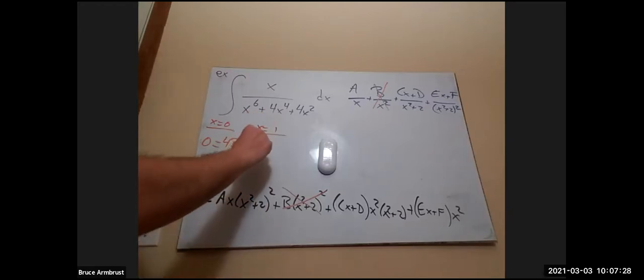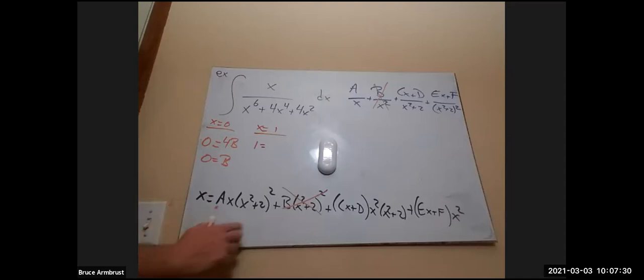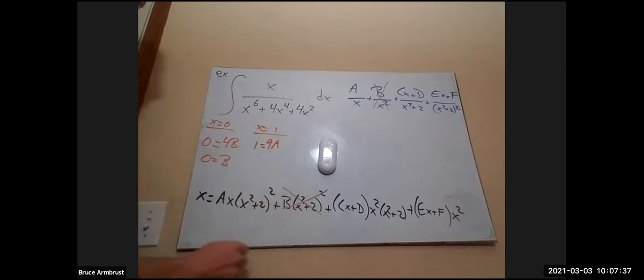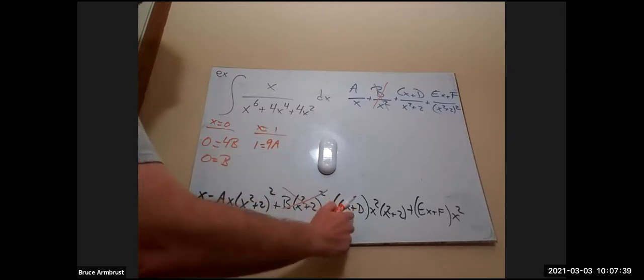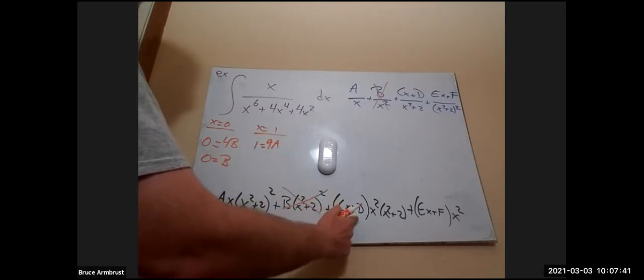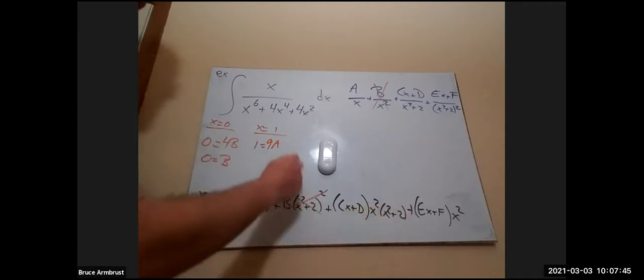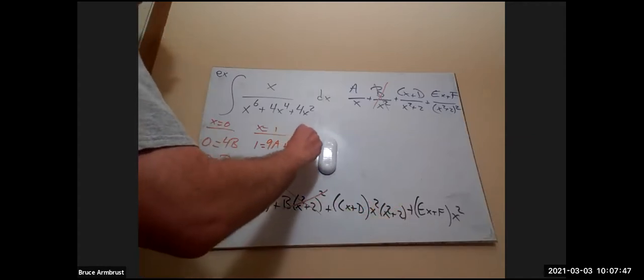If I plug in 1, I get 1 equals, well, 1 plus 2 is 3, squared is 9, times 1 is 9, so 9a. Plug in 1 over here, I get c plus d times 1 times 3, so 3c plus 3d.